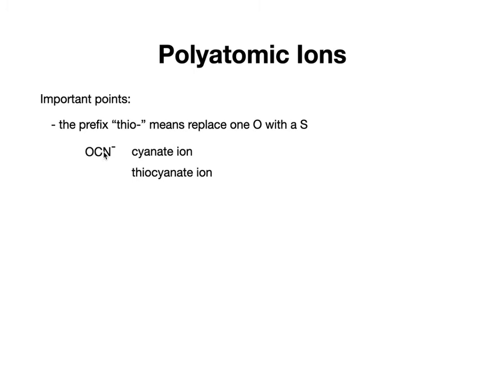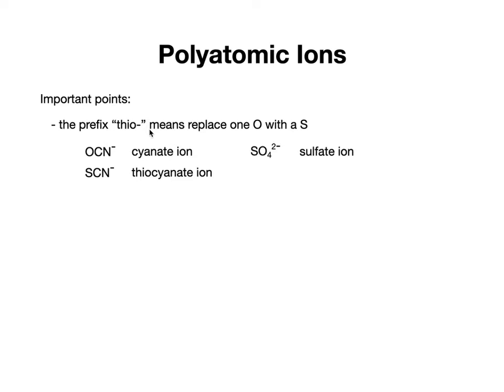Well, this only has one oxygen. If we replace that with a sulfur, we get the thiocyanate ion, okay? So, by learning this guideline, by memorizing the cyanate ion, you'll know the thiocyanate ion if you follow this guideline. That's what thio means, okay?